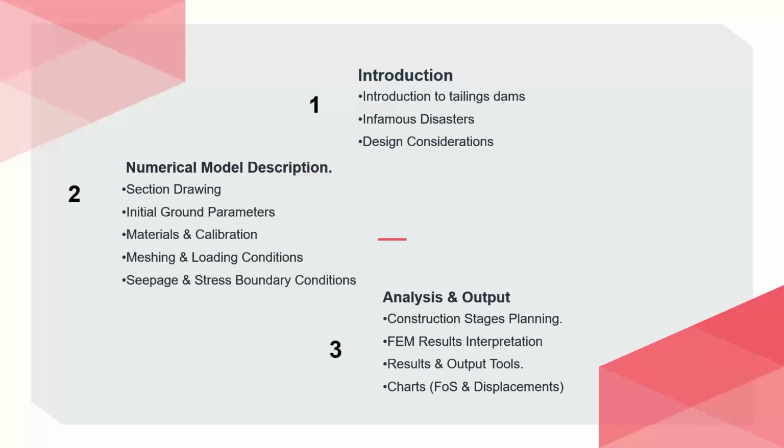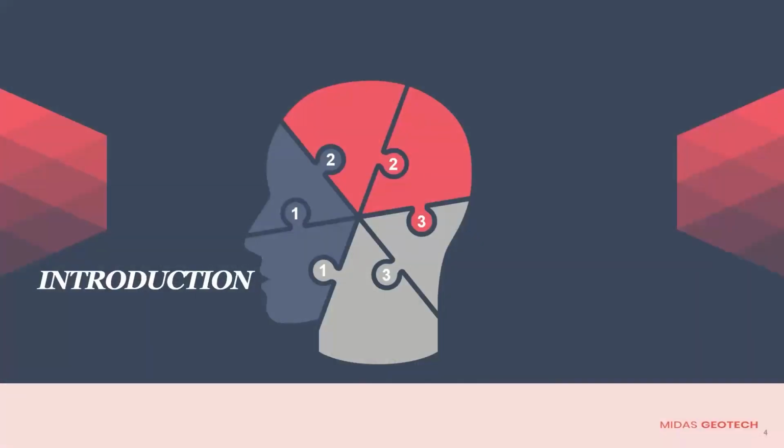Finally, in the analysis and output part, we will show you the construction stages planning, the results of FEM, and the results and output tools. Then we'll show you the factor of safety charts. Then we'll take you to the numerical model. I hope everyone is clear with the agenda for today. So we will start with the introduction part.